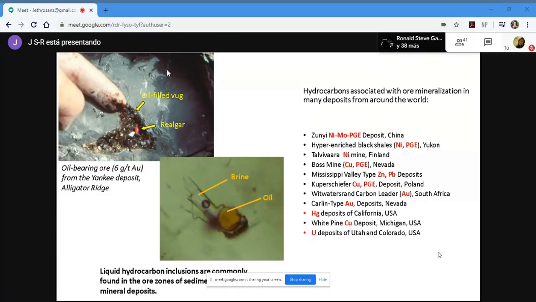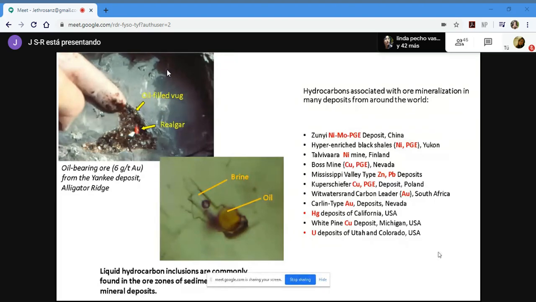It is very common to find petroleum or liquid hydrocarbon inclusions in the ore zone in this deposit. So as you can see, there is an oil inclusion inside of a carbonate cement. There are many other mineral deposits, not just gold deposits, but nickel deposits, molybdenum, platinum group elements, copper, mercury, uranium.